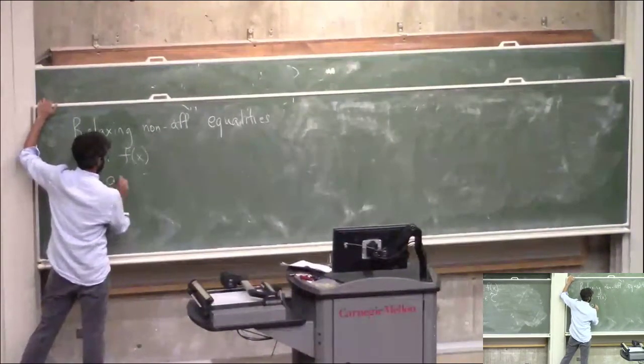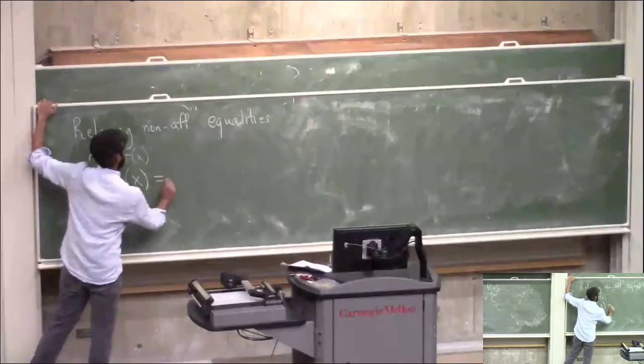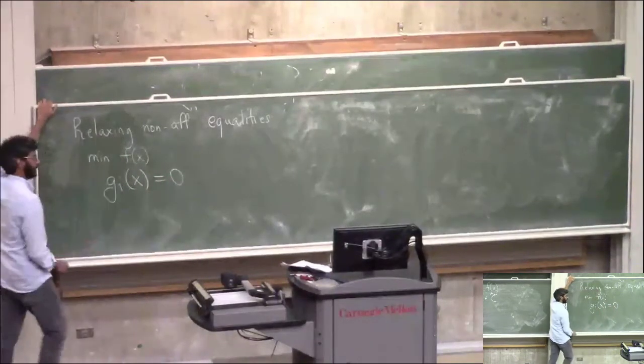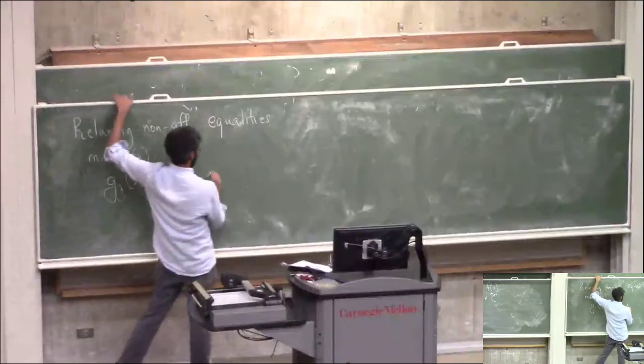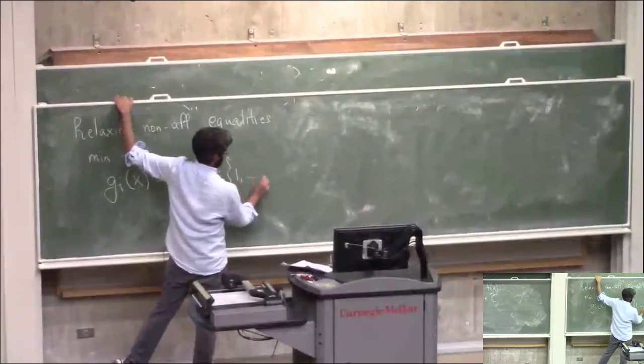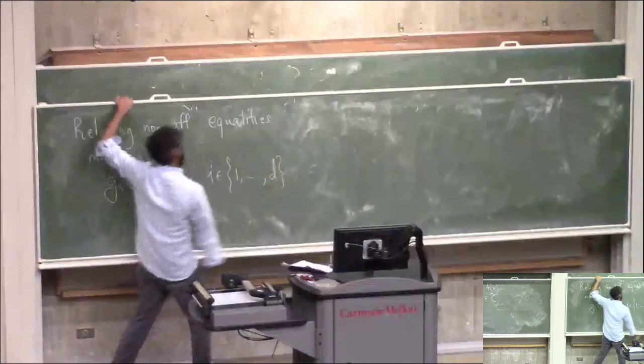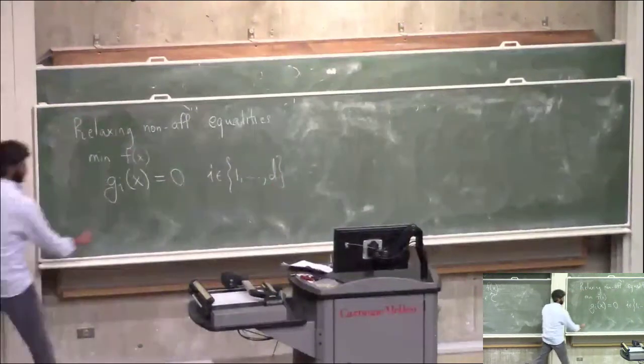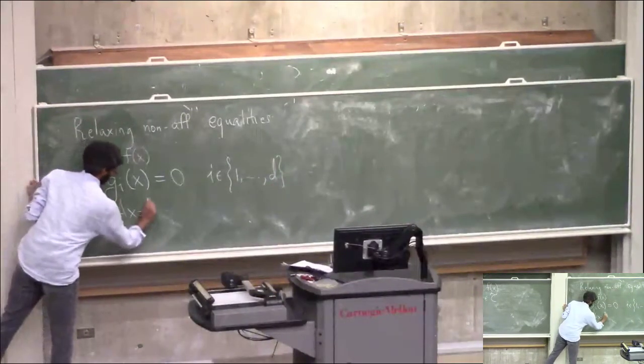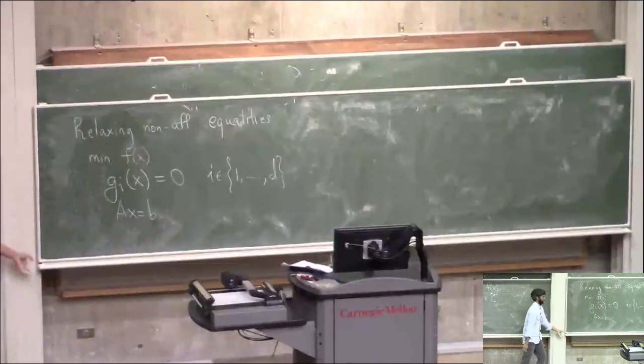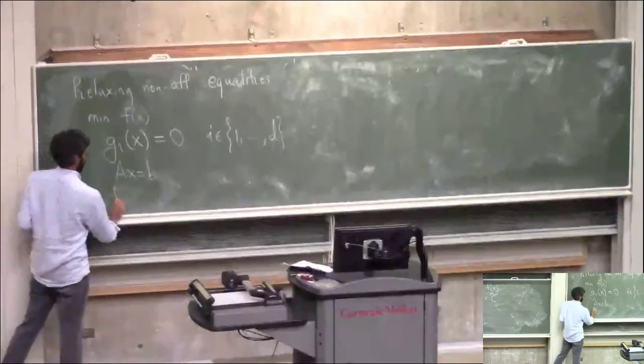So I have things that say gi of x should be equal to 0. These are some constraints that I have. And so think of, you have some D or P constraints like that. Right? And then maybe you have the usual set of other equalities and some inequalities and so on.